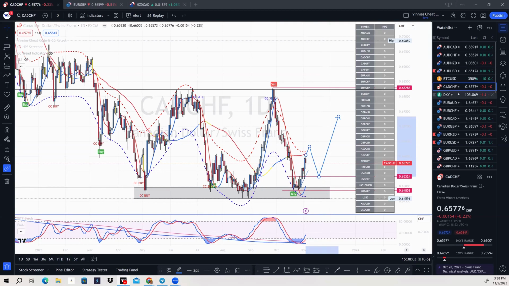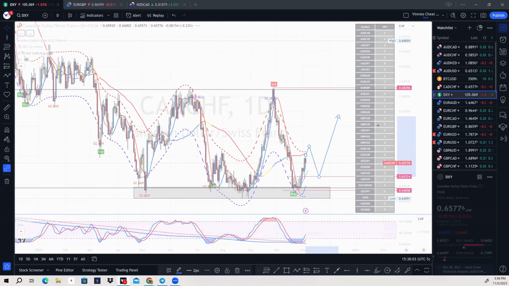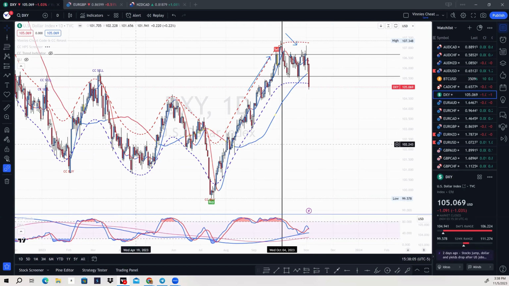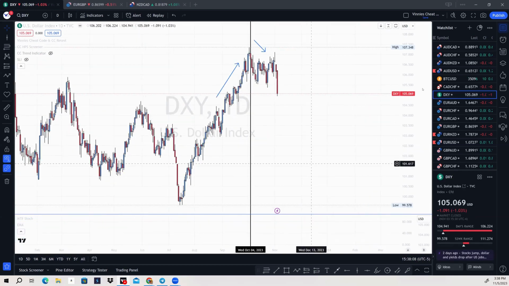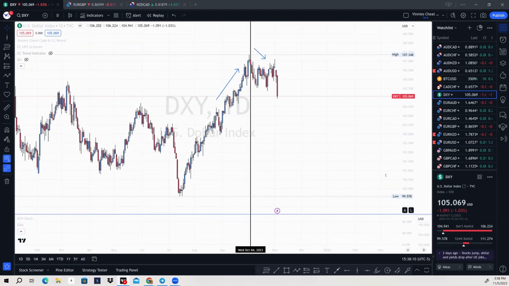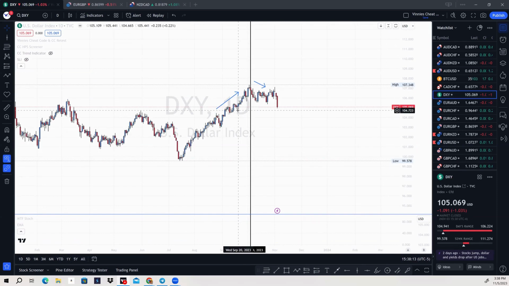If we take a look at the US dollar on a daily time frame, here's where I have marked off where price is starting to pull back. So this is the uptrend side and this is our downtrend side.